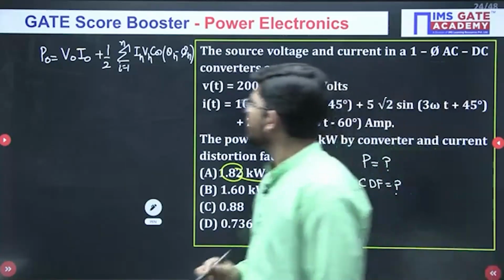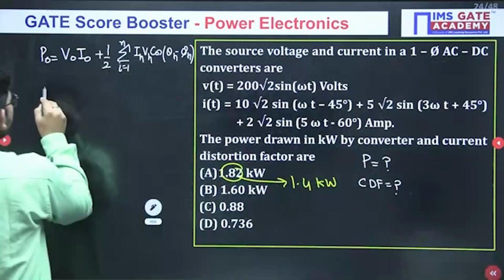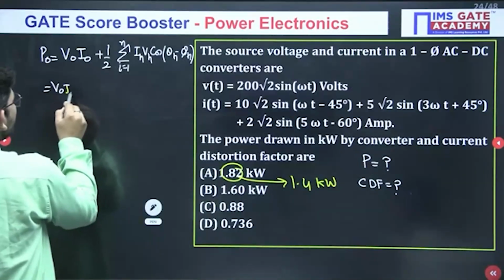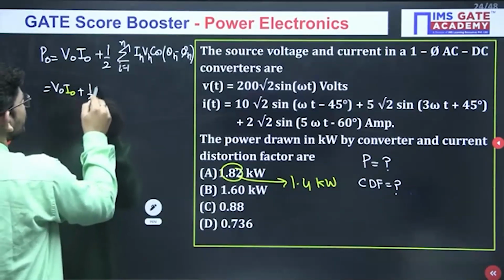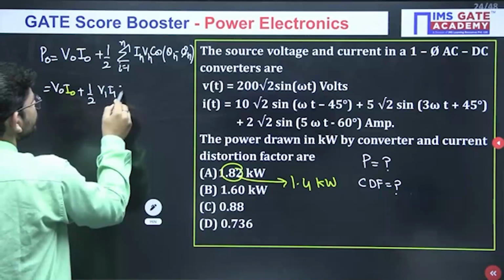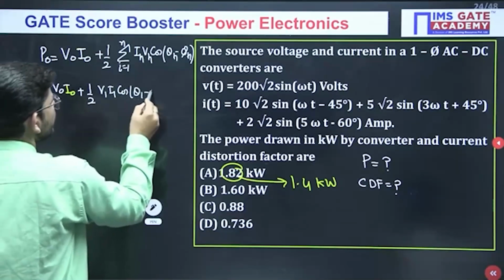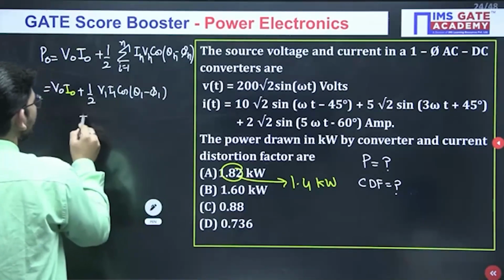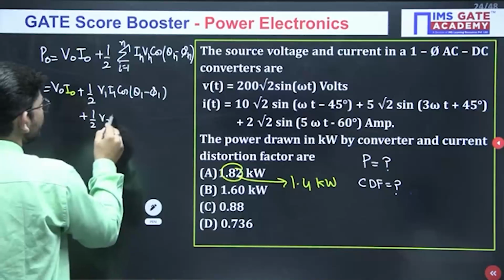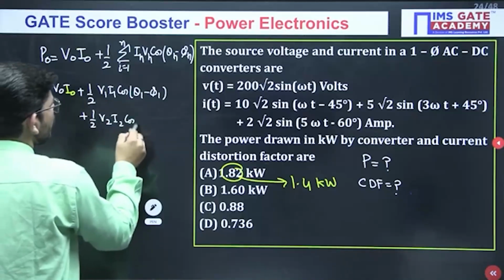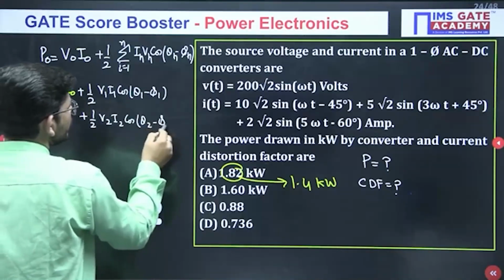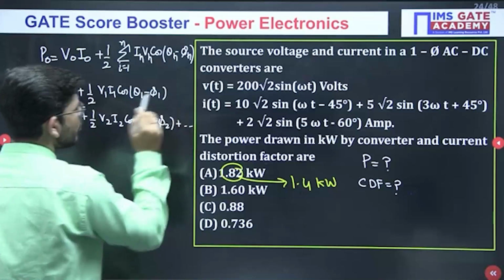If you expand this, you will get V naught I naught plus half of V1 I1 cos of theta 1 minus phi 1 plus half of V2 I2 cos of theta 2 minus phi 2 and so on.